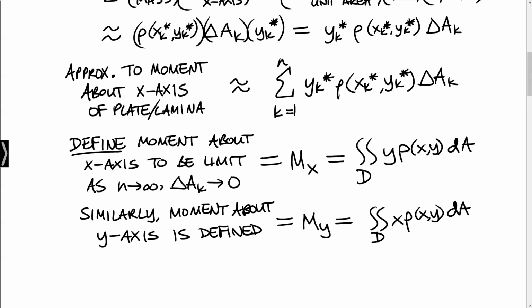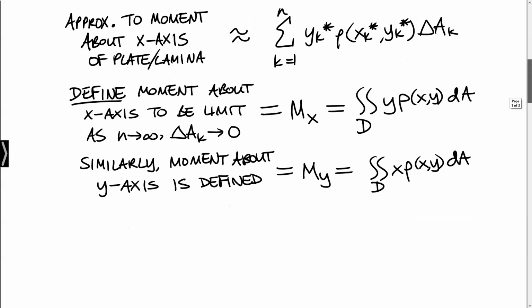Now, how do we define the center of mass? Well, what we want to do is find the coordinate value so that if all of the mass was concentrated at that one point, then it would have the same moment as the entire plate or lamina does.